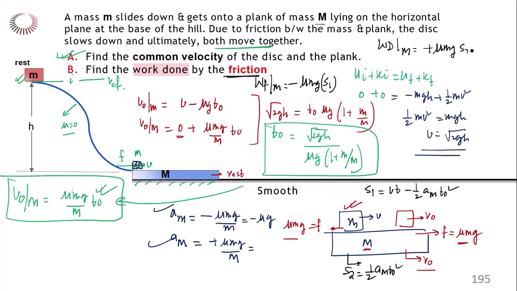You calculate S1 and S2, get these two works, and simply add them. Work done becomes negative, because S1 is more and S2 is less, so the final answer for the work done by the friction will be negative.